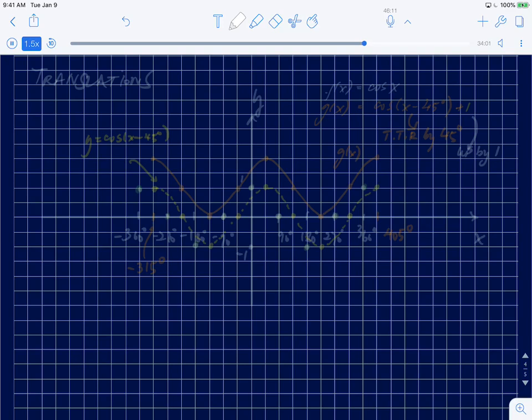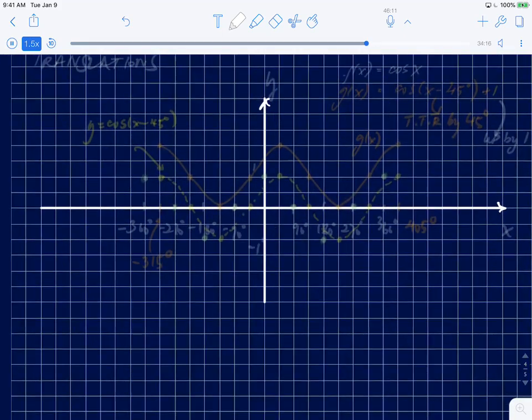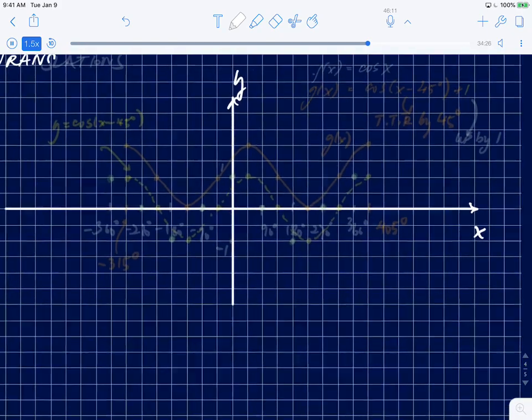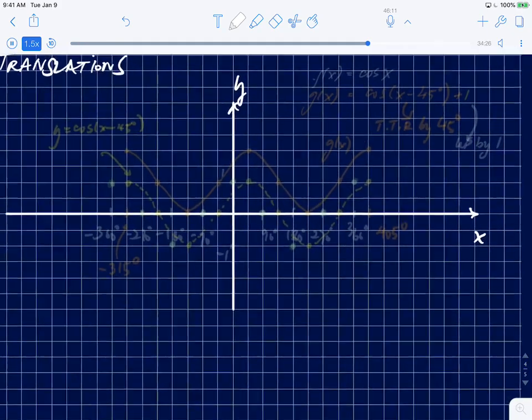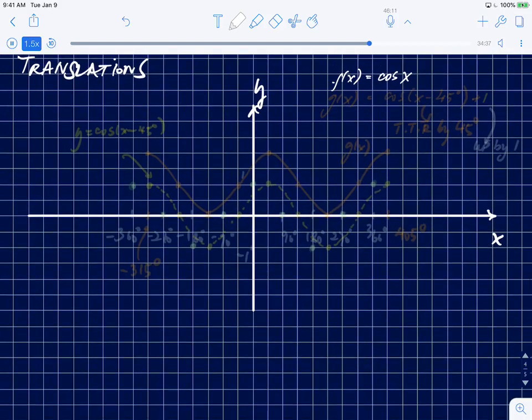Okay, and lastly, translations. Oh, I'm missing one. Okay, so translations, I will do 2 in 1. So let's say we have f of x is, we've done a lot of sines, so we'll go with cos for this one.